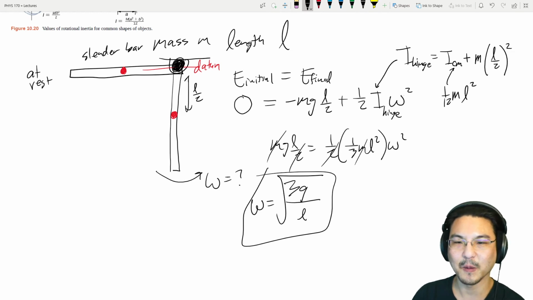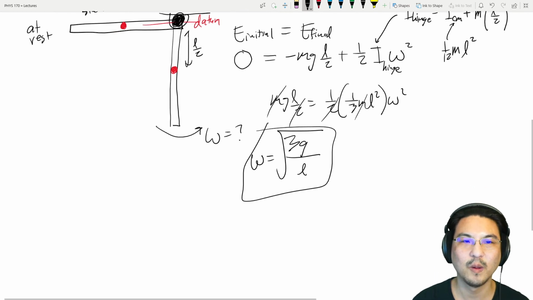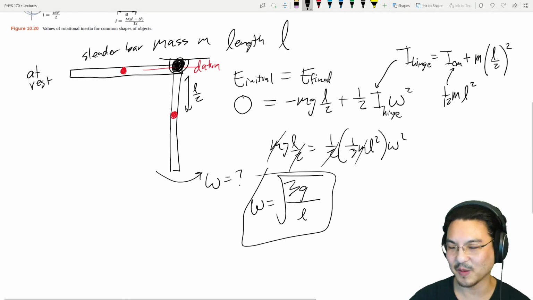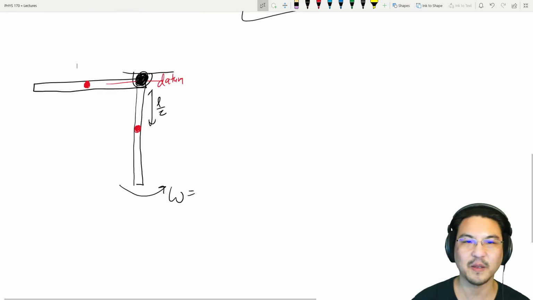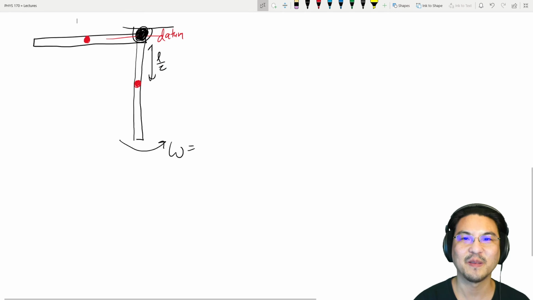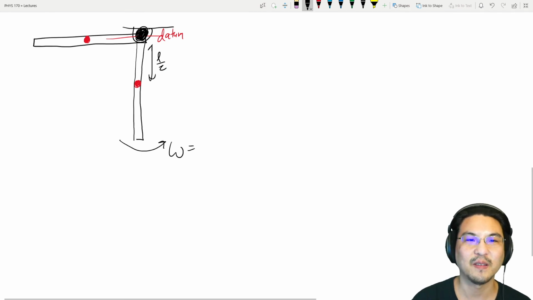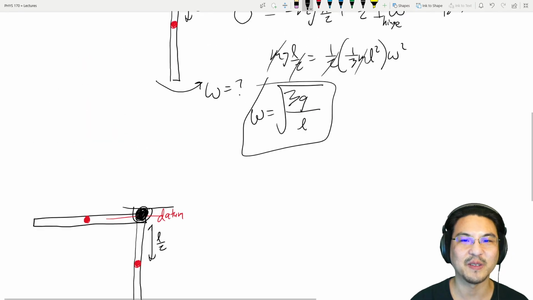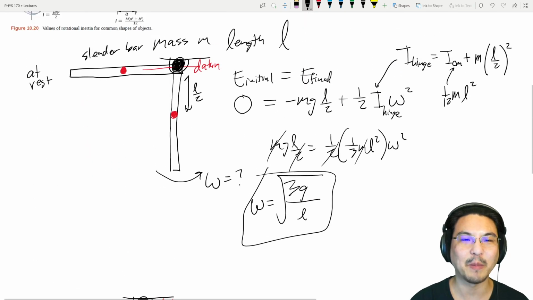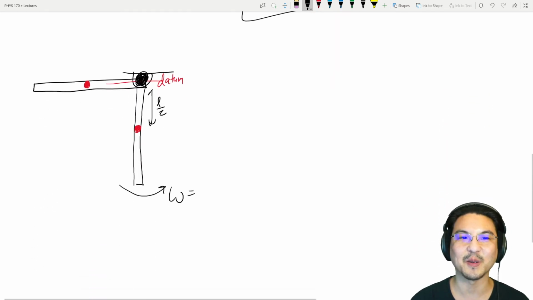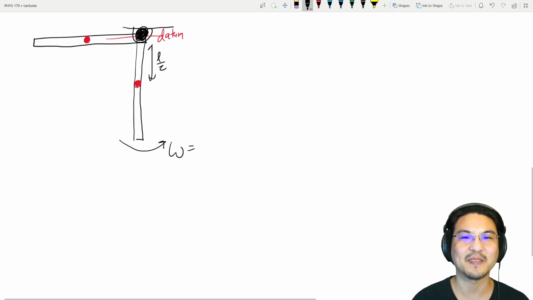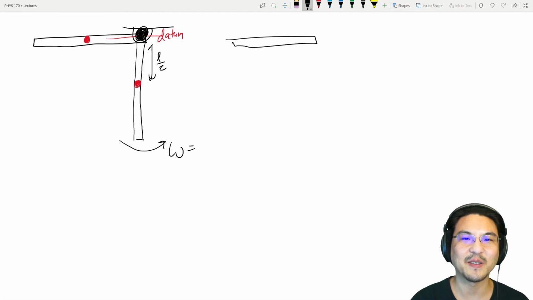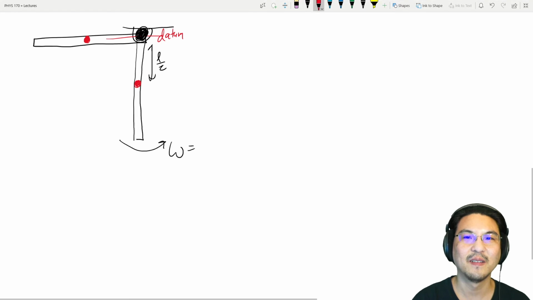Okay, now let me copy this picture. There's another way to interpret the kinetic energy, because here we considered it's rotating about the hinge. Another way to interpret it is it's like the center of mass translated like this.